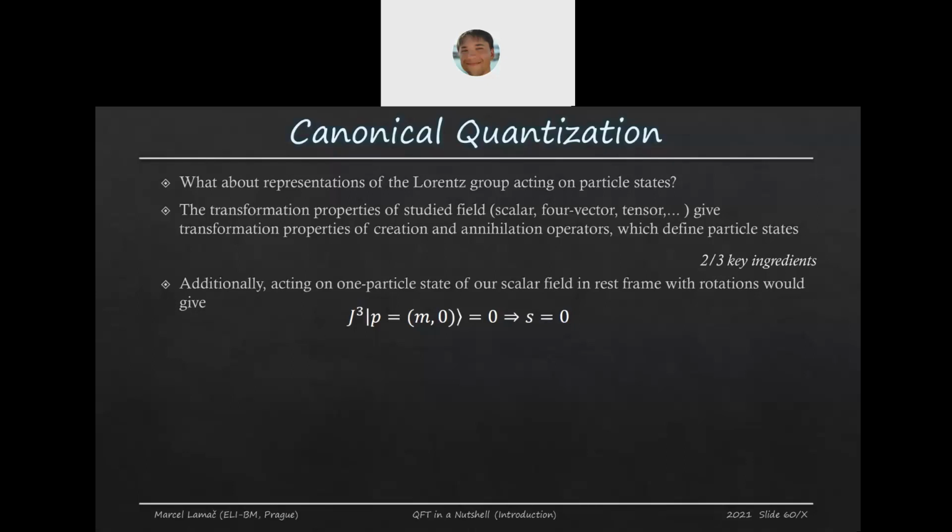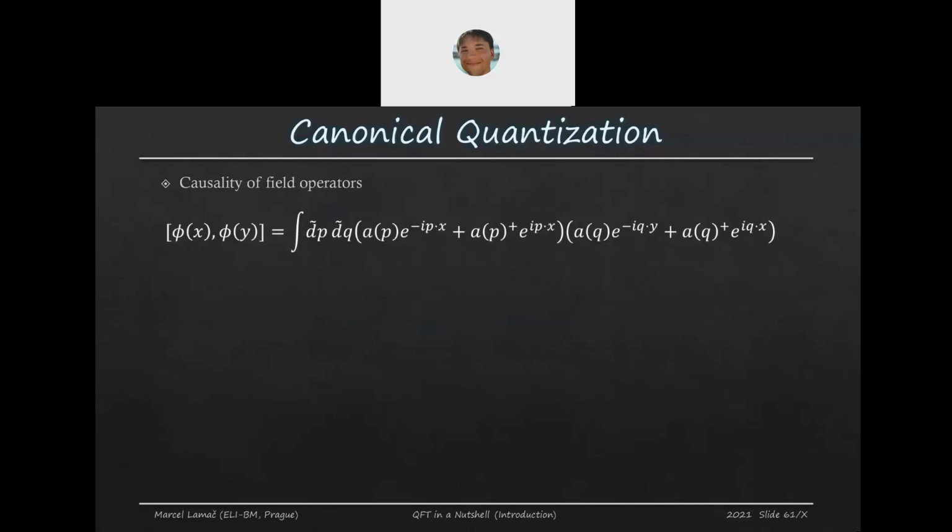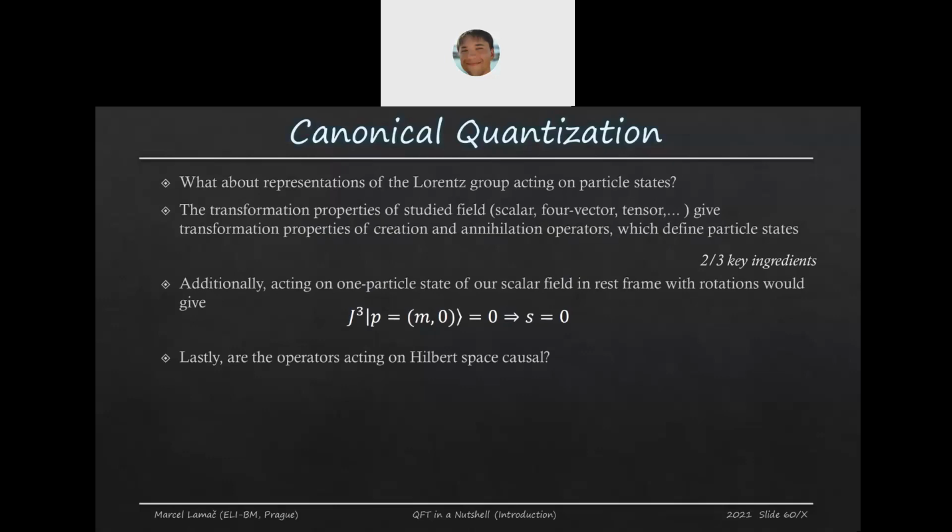So this tells us that the quantization of the scalar field is associated with spin zero particles, which are the states in the Fock Hilbert space. So we see how these properties of the fields are indeed related to the properties of the particles themselves. Once again, these particle states are the Fock states in the Fock space.